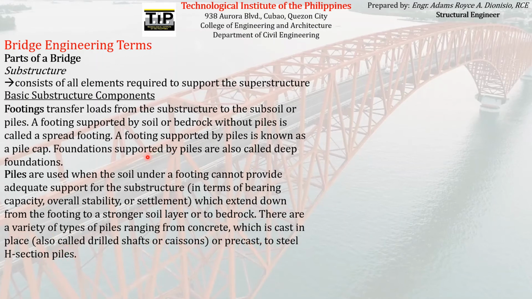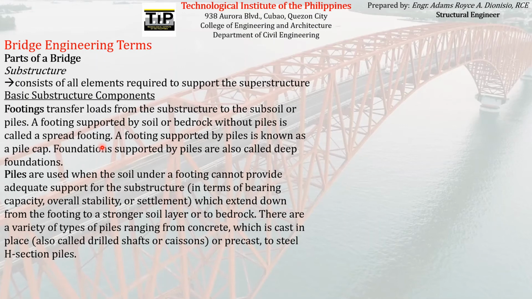Just like what I said before, sometimes the supporting soil of a particular highway bridge site has a very low strength in terms of bearing strength or shear strength, in other words, a very low quality. In those cases, shallow foundations or spread footings are not advantageous to use.